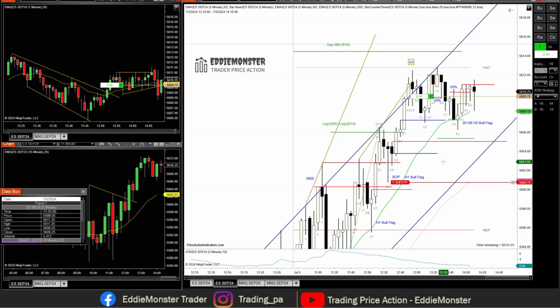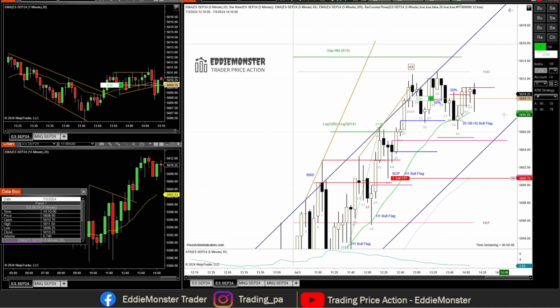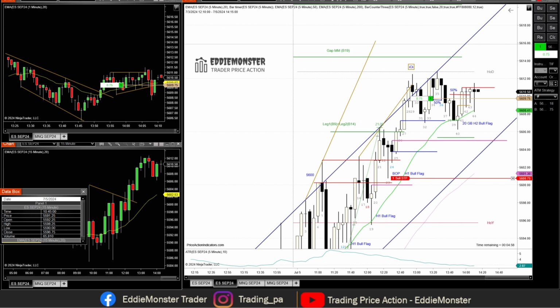So let's see how this bar will close. But bulls want or need a close above 42, 43. That's a bar that the only thing that tells us is that it fails below 43.